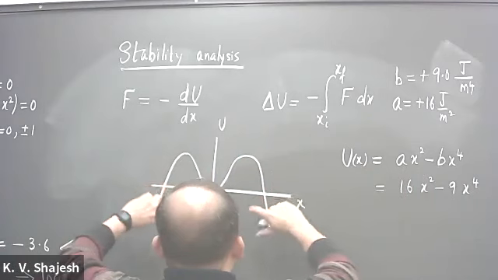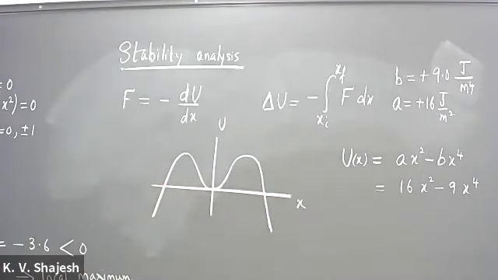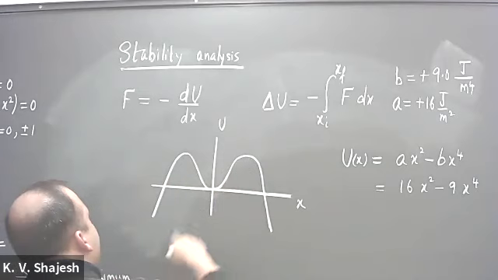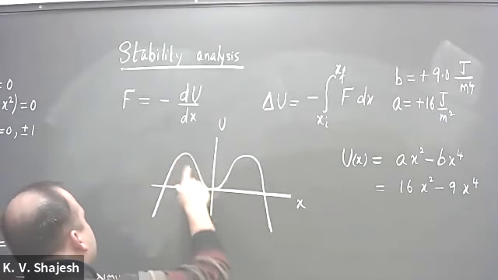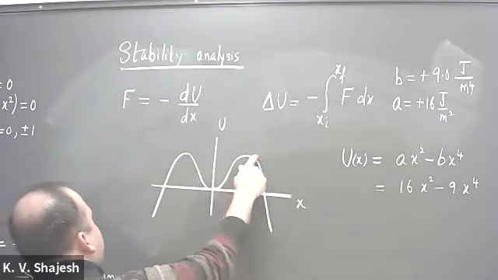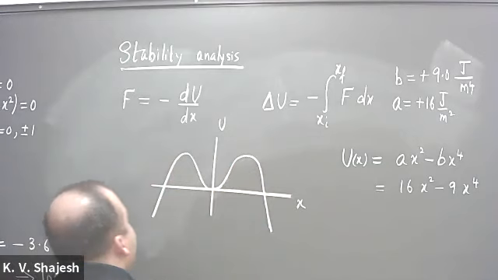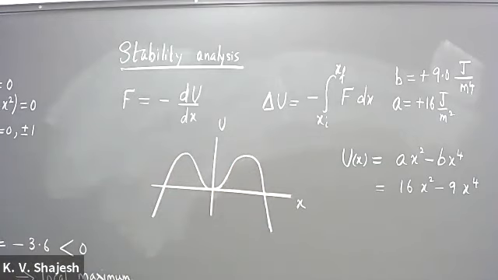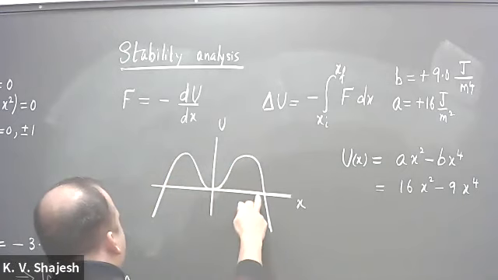Since A and B are negative, it's a mirror image of the plot with respect to the x-axis. The idea is, of course, to find the maxima and minima at these 3 points, and to also determine whether those points are stable points or not, and we will define what stable points are. So first, let's begin by saying what are these.